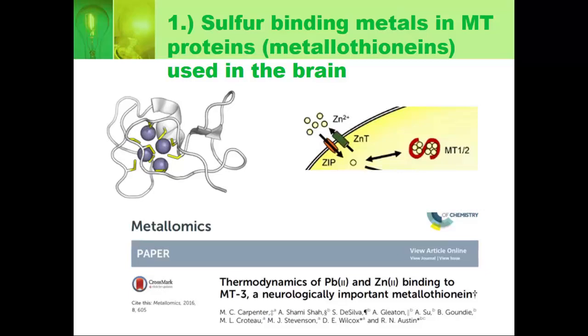And the way the body uses these, by the way, is it has zinc transporter proteins that move stuff in and out of the cell. One of the ways it keeps the concentrations in the cell in the right place, remember the Irving-Williams series says it needs to be in a certain place or else it will stick to everything. So what it does is it sends out flypaper proteins to mop up the extra sticky zinc. And that's what the metallothionein does. It sort of patrols around and it binds lead, it binds zinc.